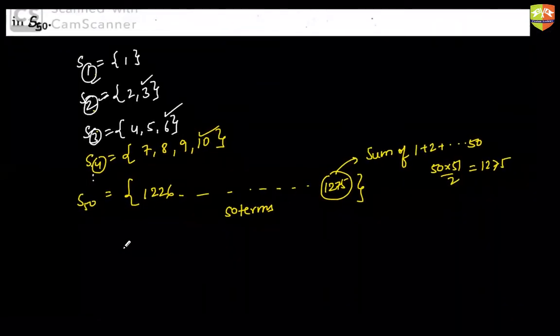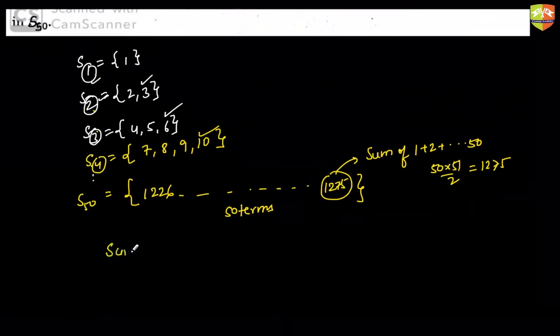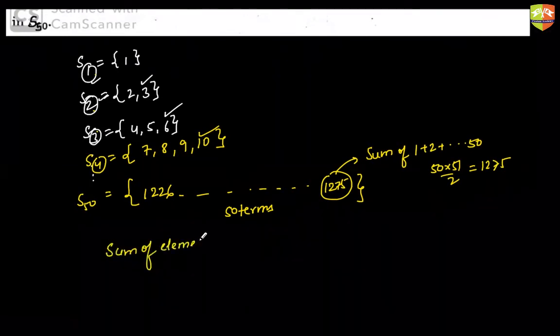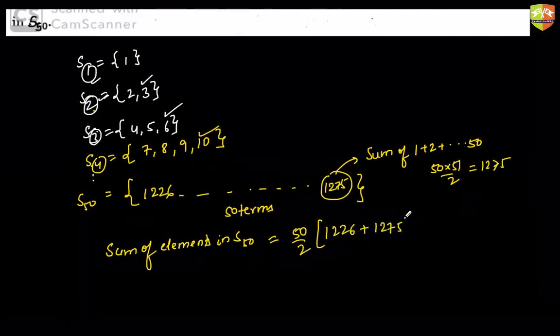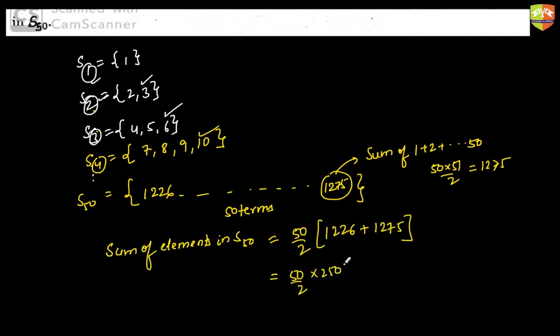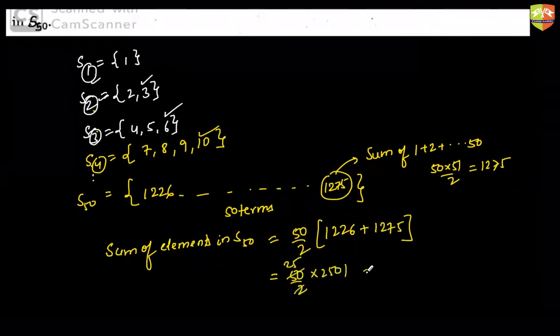So now if you want to sum this up, the sum of elements in S50 would be 50 by 2 times 1226 plus 1275. Correct? How much is that? 1226 plus 1275 will give you 2501, and this will give you 62525. This is going to be your answer.